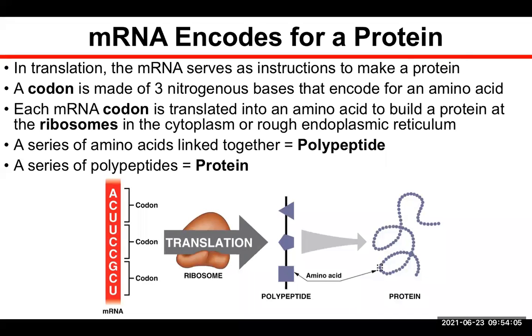So it's all really nomenclature, and they can be used interchangeably, but it depends on what unit they're talking about. So amino acids are the main blocks, them stuck together are a polypeptide, and multiple polypeptide chains together make a protein.